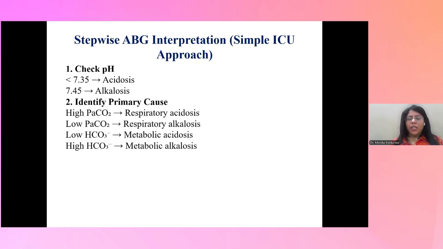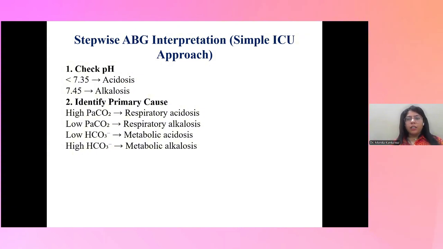After checking pH, we have to identify the primary cause. Which component is affecting the patient's condition, the respiratory component or the metabolic component? To understand the primary cause, we now look at the partial pressure of carbon dioxide and also the bicarbonate anion. First, we look at the partial pressure of carbon dioxide in the ABG strip of the patient.